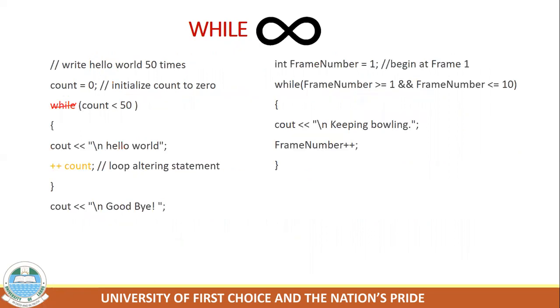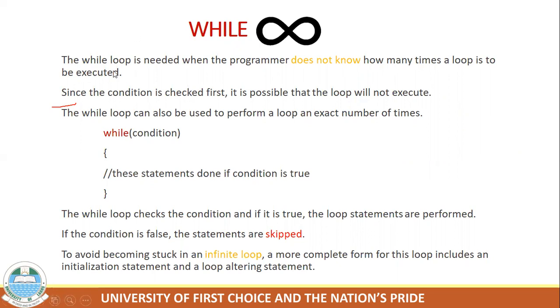Now, let's go back. Look at this. The while statement can be used to perform a loop an exact number of times. You can also use it to perform a loop a certain number of times. So the syntax, you write just like your for loop. You write your keyword while, you put in your parentheses, your condition.